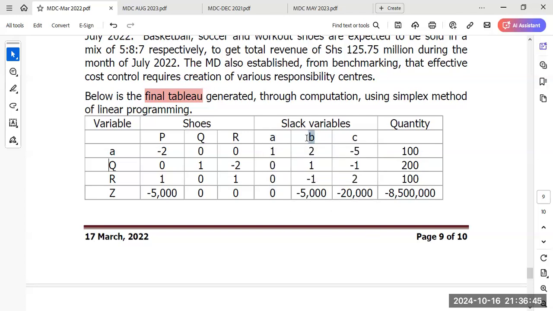But when it comes to B, it implies that B is a scarce resource and C is a scarce resource. As long as you find that here you have something, it means that B is your scarce resource and C is your scarce resource. And what does that one imply?